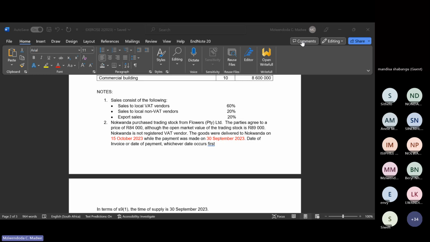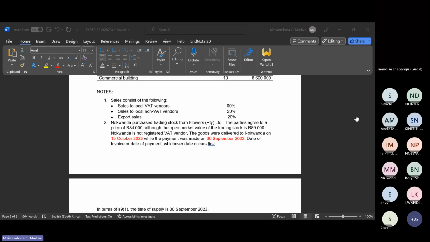It's going to be the time when goods are made available if the goods are not movable. It's going to be the time when the service is performed in case you are rendering what is known as a service. So you have to know all of those items.